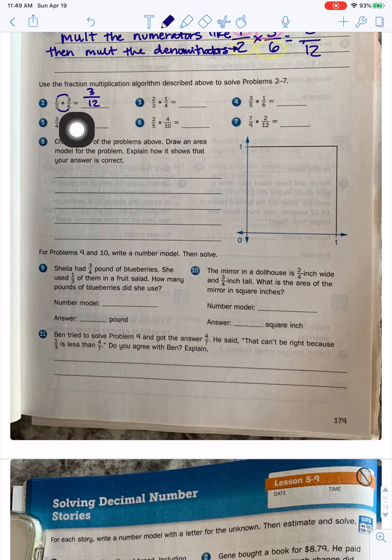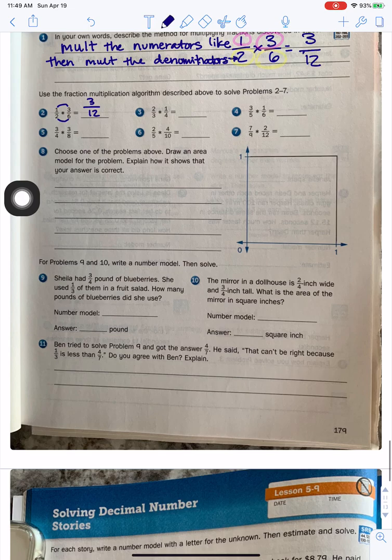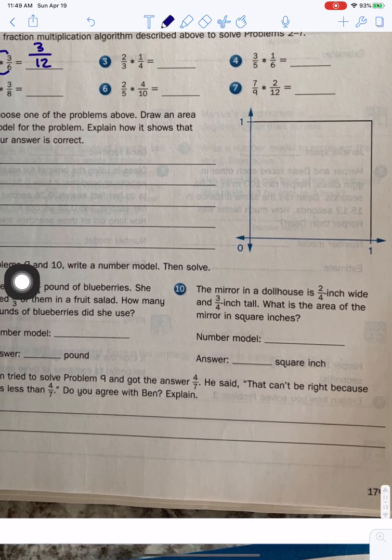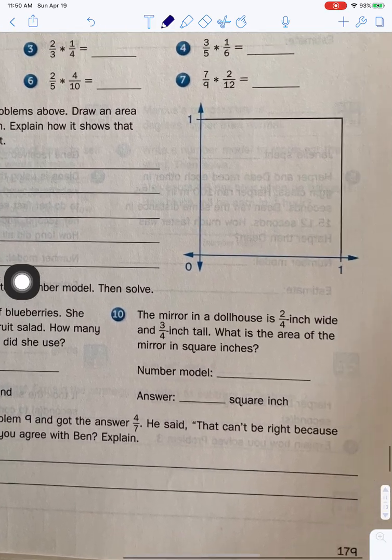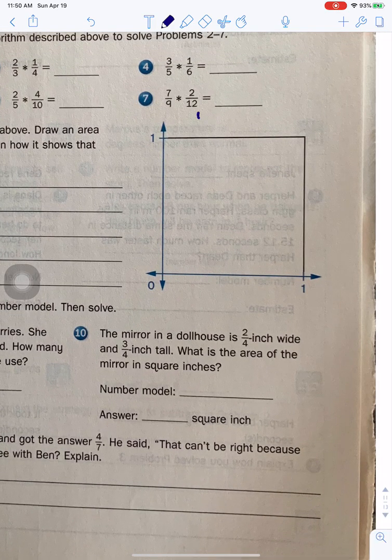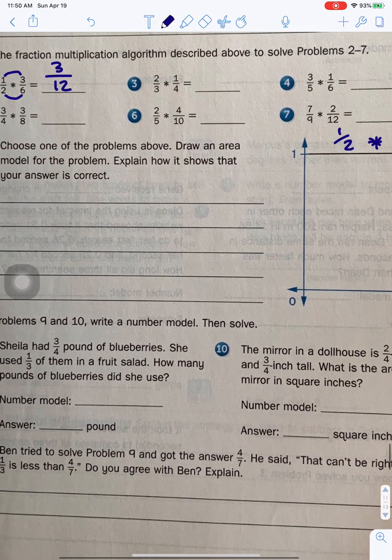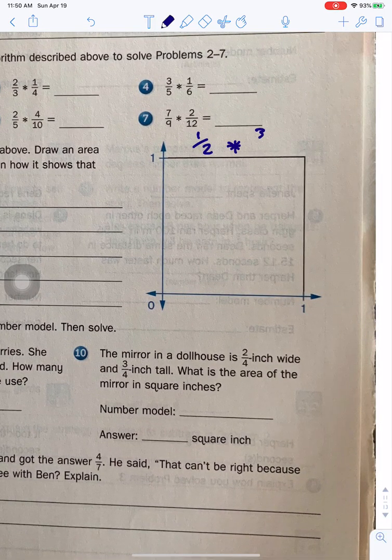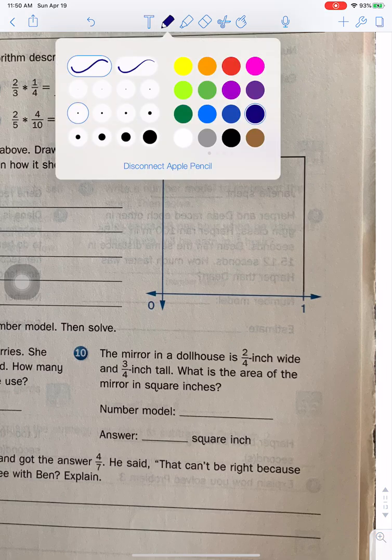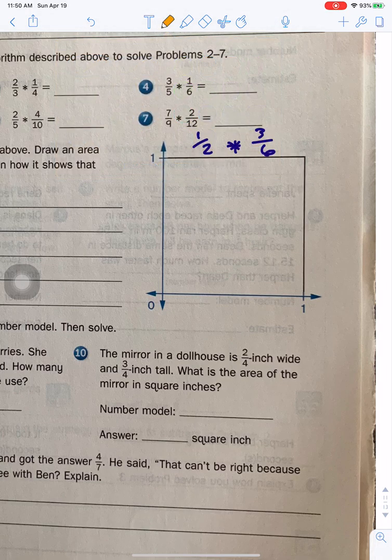I'm going to model 1/2 times 3/6. So 1/2 would be, if I drew this picture, one half times 3/6. So for this problem, I'm going to take a look at this square. And I'm going to first of all divide it by half.